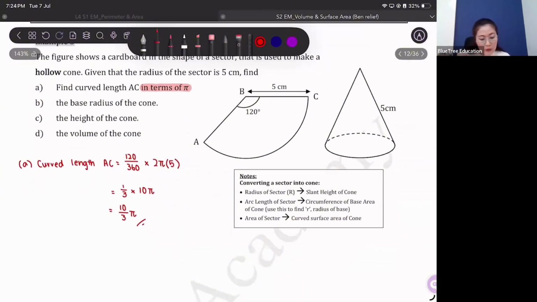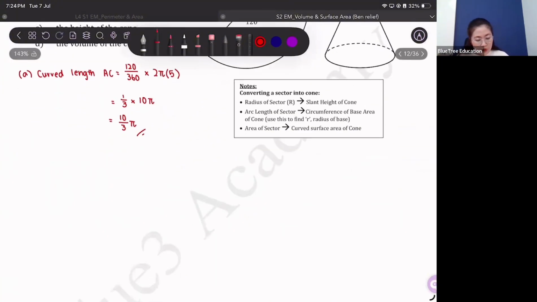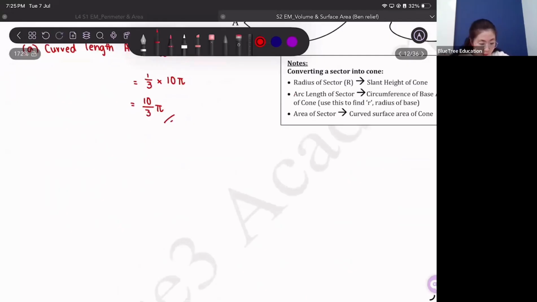So for B, we talk about the base radius of the cone. Like I said just now, the arc length here, this part AC that we found, when I roll it into a cone, becomes the circumference of my base. So I'm going to use this circumference of the base to find my r.